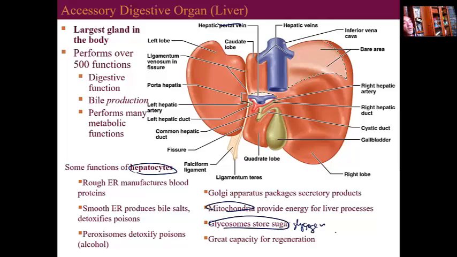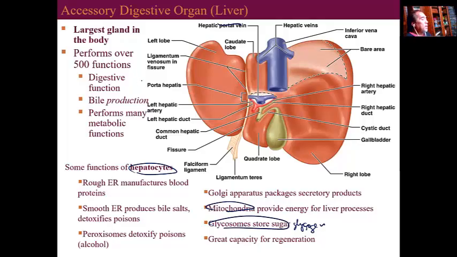The liver also has a great capacity for regeneration. We knew that only epithelium regenerates, but the liver has regeneration capacity too, because it is lined by hepatocytes, which are similar to epithelial cells.